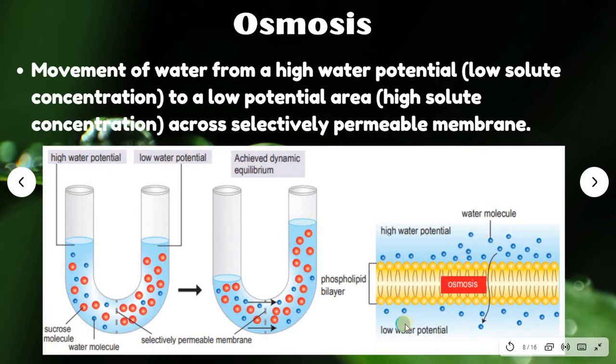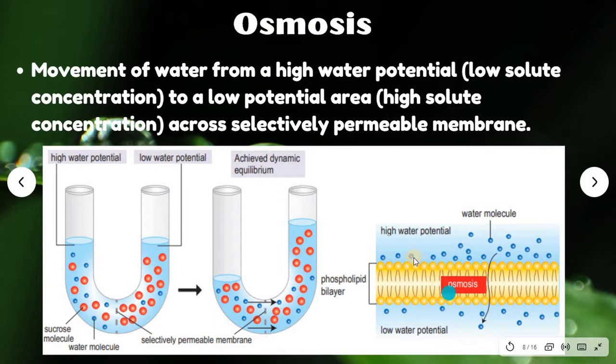Inside the cell, in the cytoplasm, there is a low water potential. The water molecules move across the plasma membrane by osmosis, from higher water concentration to lower water concentration, or from high water potential to low water potential.